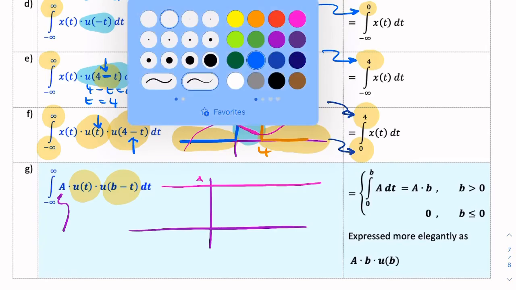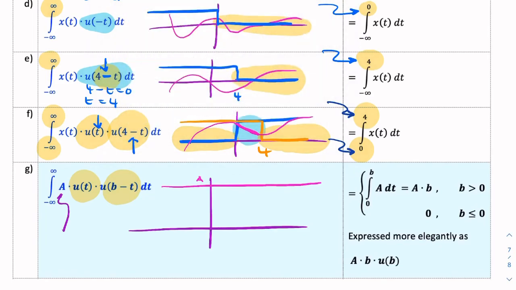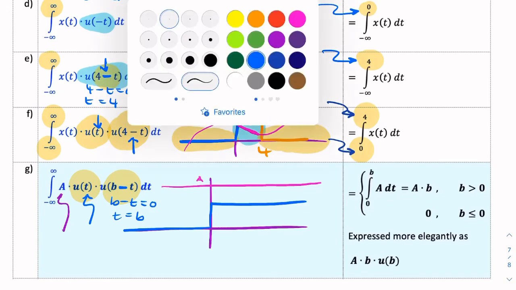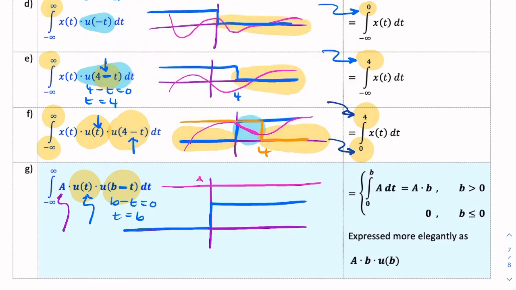Now we have 2 unit steps. A unit step from 0 onwards. And then we have a reversed unit step because of the minus sign, and it happens when b minus t equals 0. That means when t equals b. So if I do that in orange, that's a reversed unit step at t equals b.